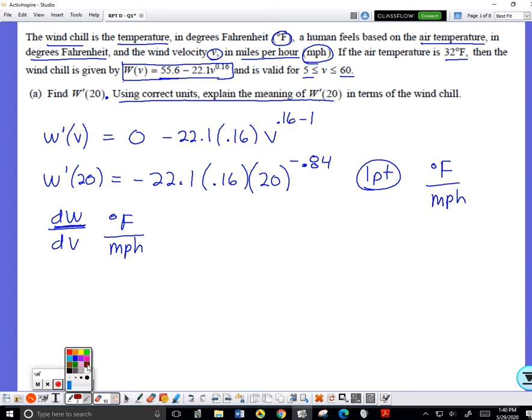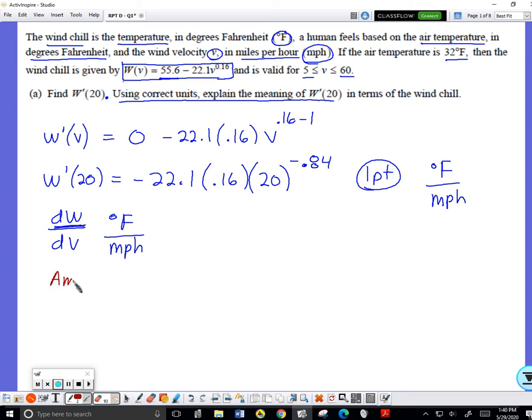So, W prime of 20 is, let's see, let's do a Dank's chart first. We have the wind chill is the amount.